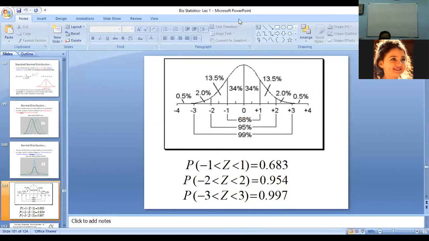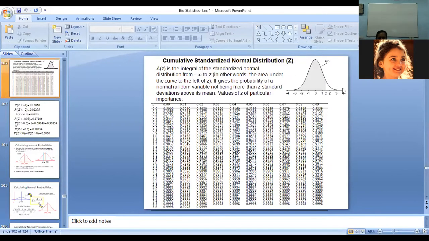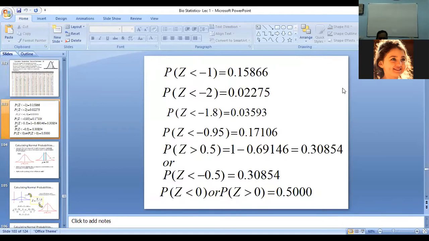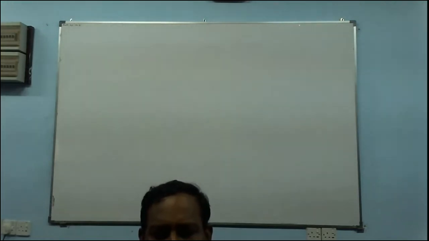So we don't change the characters of the normal distribution here when we develop the standard normal distribution. Last time we tried to learn a little about the standard normal distribution. I gave you some homework to find out the probability. Anybody has information about that?